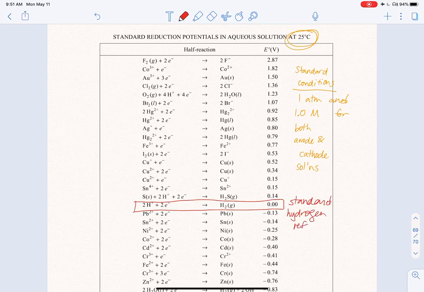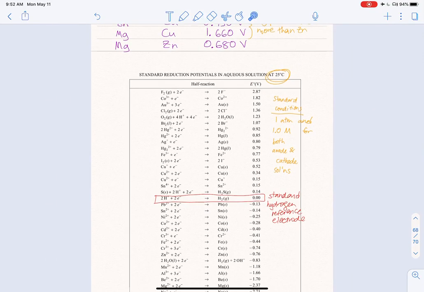So this is the standard hydrogen reference electrode. And you can see that that reaction involves the reduction of 2 protons with 2 electrons to make 1 mole of hydrogen gas. So this is arbitrarily assigned a cell potential of 0 volts. Okay, so all the units here are volts. And then everything else is measured in relation to that.